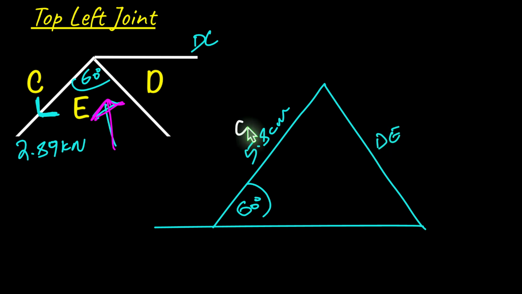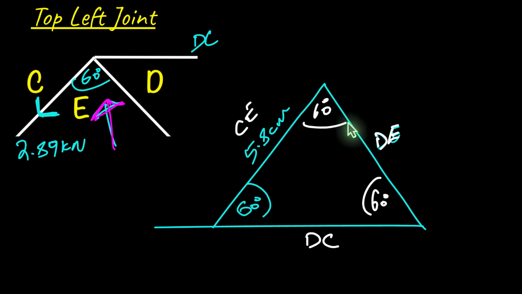This was our CE that we started with. And our horizontal member is representing DC right here. So that's it. And when we measure these now, because all of these internal angles are 60 degrees, then what we expect to have is an equilateral triangle.